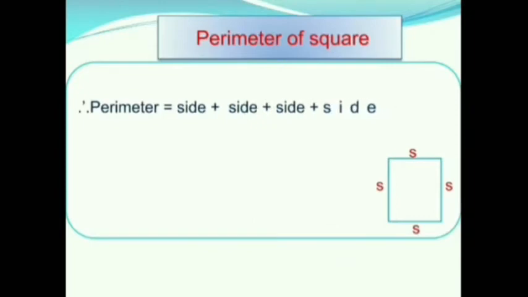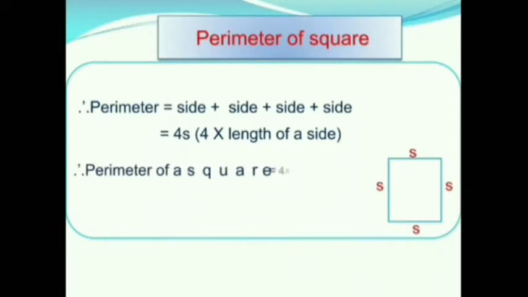Now we will write the first step as perimeter equals side plus side plus side plus side, which can be written as 4s, where s means the length of a side. Now we got the formula to find the perimeter of a square. The formula is perimeter of a square equals 4 into side.